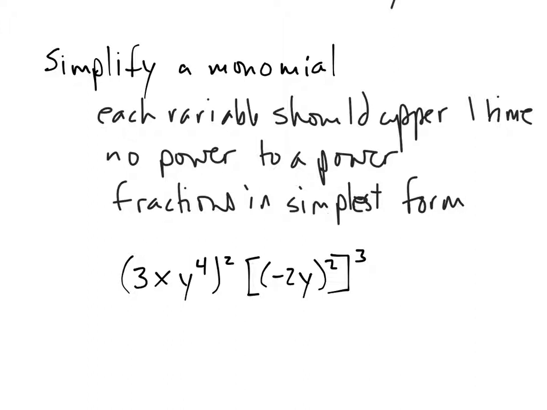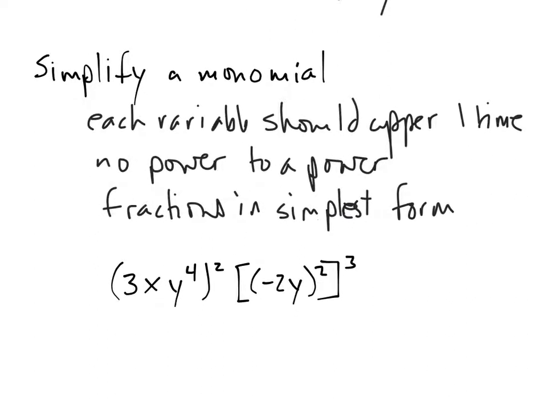And so we wind up with 3 squared, and then x squared, and then y to the 4th squared is y to the 8th, right? So we have y to the 8th.